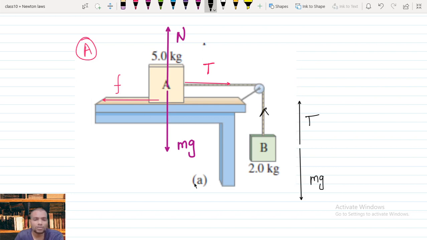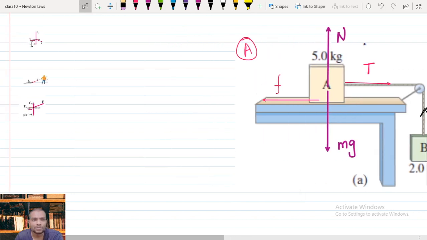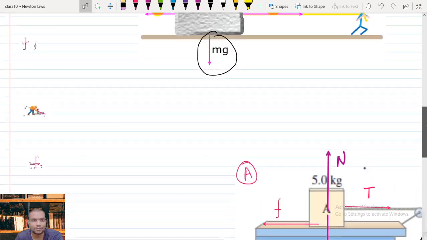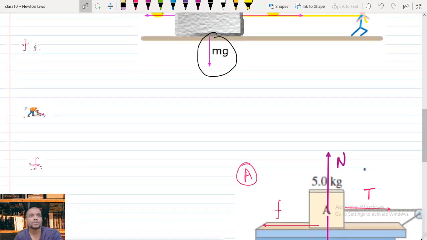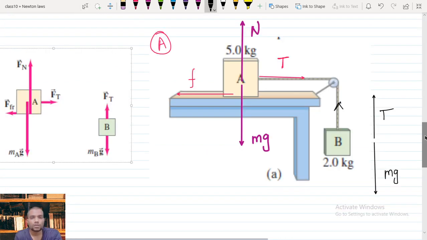So this is how simple it is to represent the sum of the forces for a given case. That is what we call free body diagrams. Now if I show the free body diagrams for this case, this is the exact representation of free body diagrams.